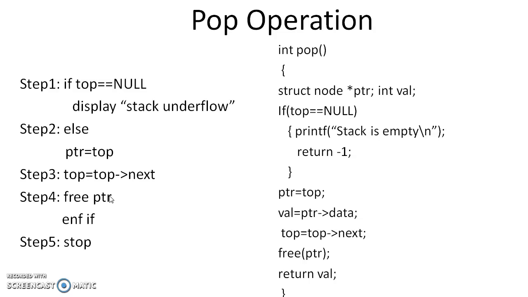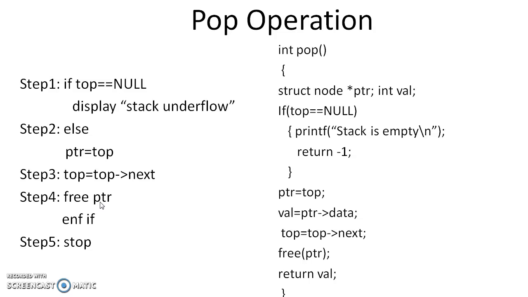Now in the pop operation, if the top is null, that means there was no element in the stack. If you ask us to remove an element from an empty stack, we can't remove, and at that place we display stack underflow. Otherwise, I point a pointer to the top, and the top is made top's next, and we remove the pointer.